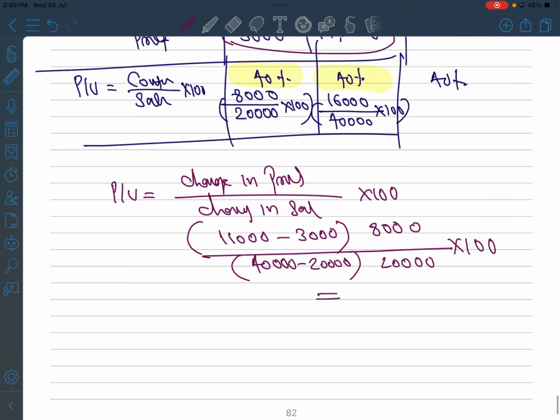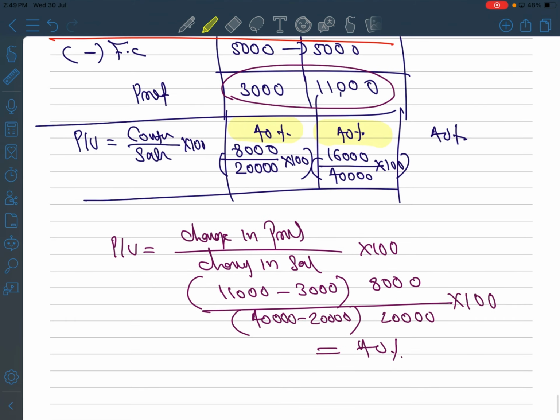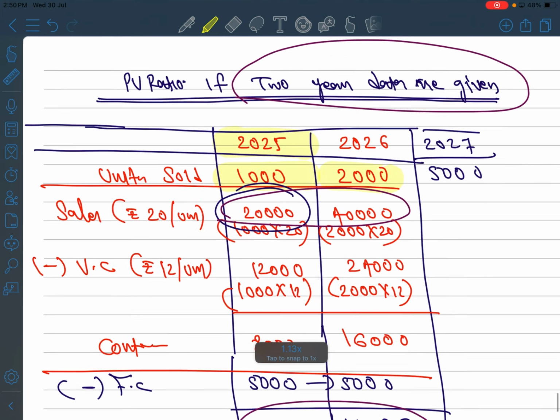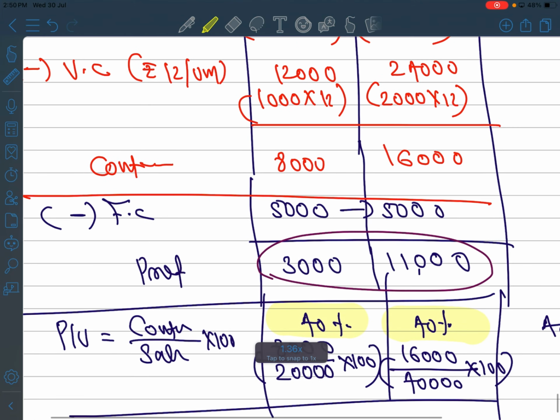What will be the percentage PV ratio? 40%. So it is evident that we will get the same percentage of PV ratio if they give 2-year information. Otherwise we can follow the equation contribution divided by sales into 100.